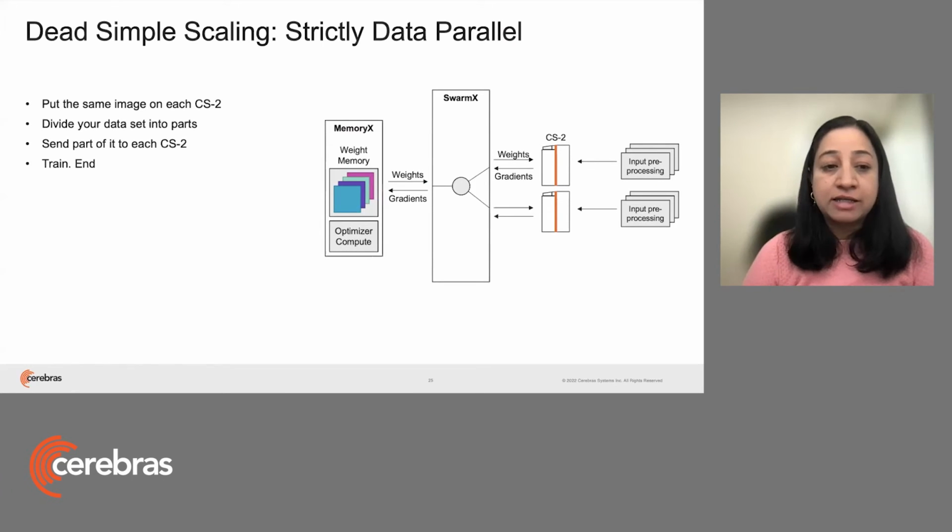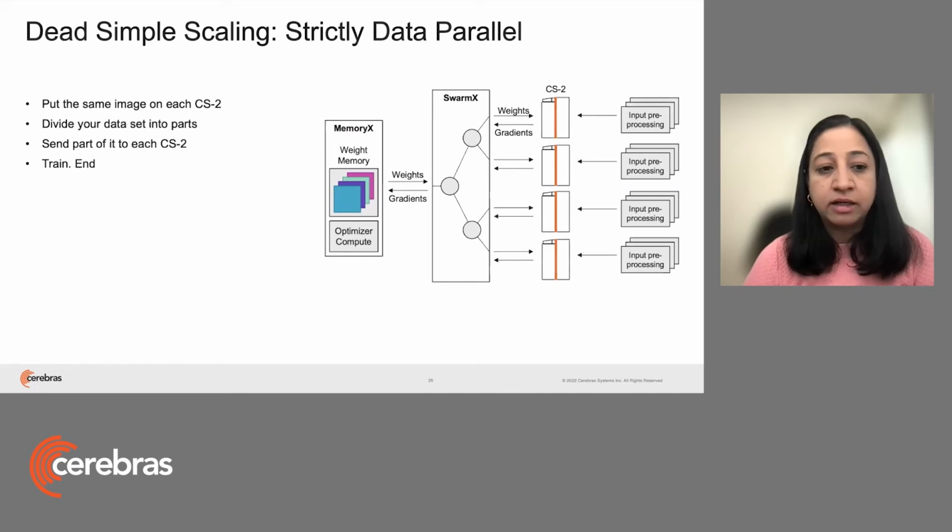All that is happening here is we put the same image on each CS2 in the cluster. We divide the data set into multiple parts and send each part to each CS2, then start training. This is the version where 2 CS2s are used. Let's move on. This is the version where 4 CS2s are used.